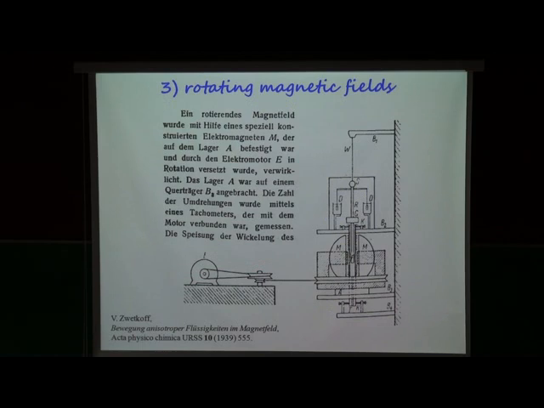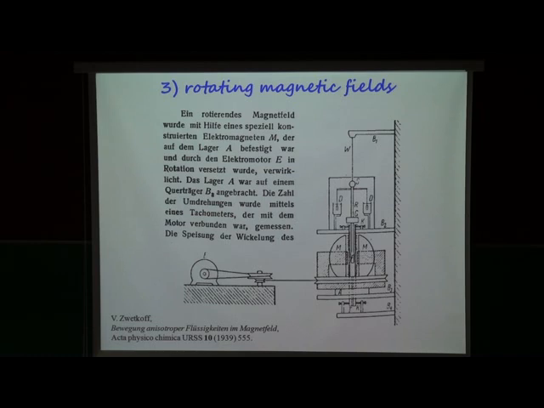One early experiment on rotating magnetic fields is a nice article by Mr. Tsvetkov. And I show you this picture because you are here in the Department of Complex Fluids. This is a nice article published in 1939 when the Soviet Union was not yet attacked by Germany, and it was still published in German in the Acta Physico-Chemica of the USSR.